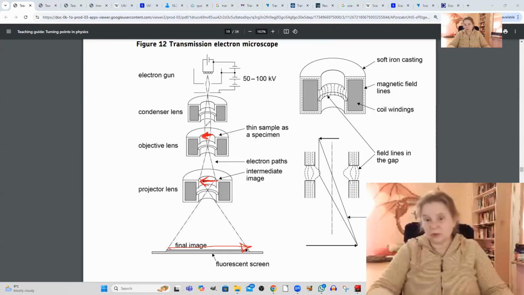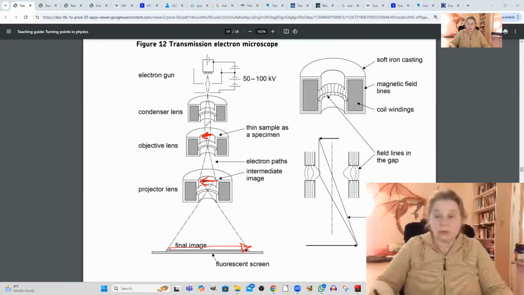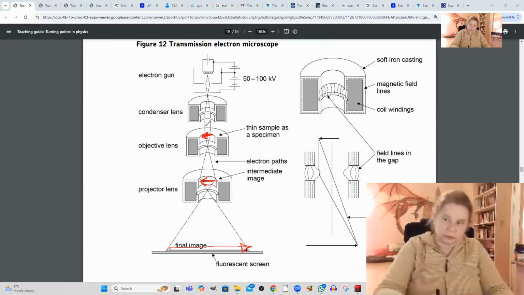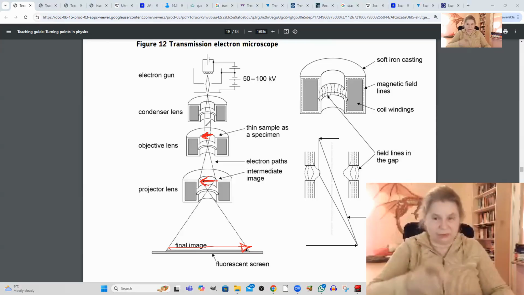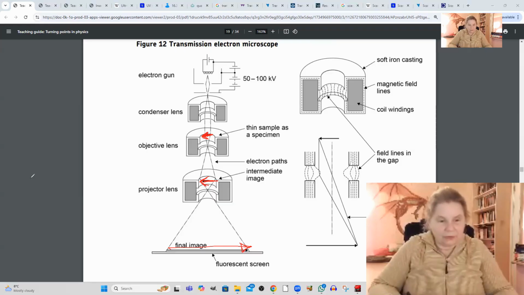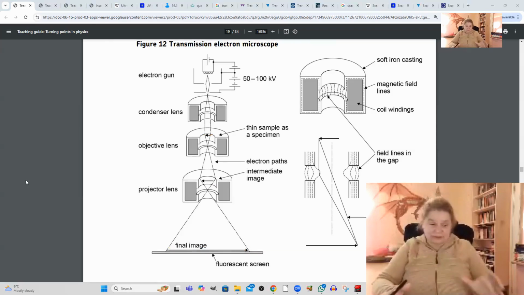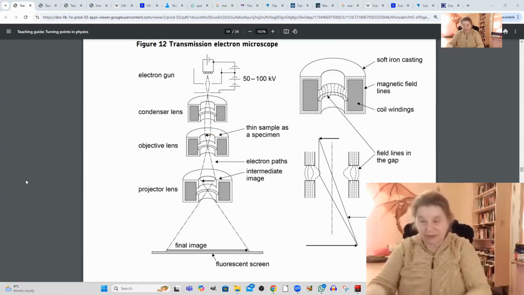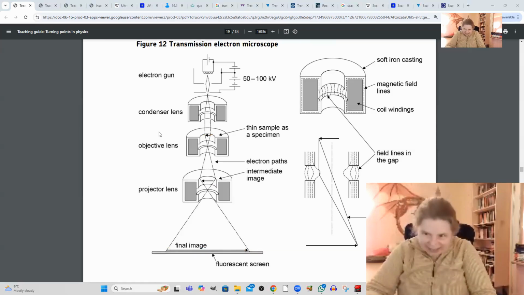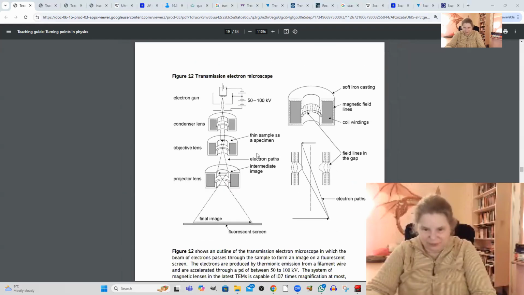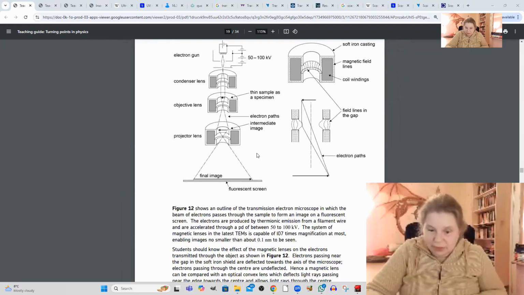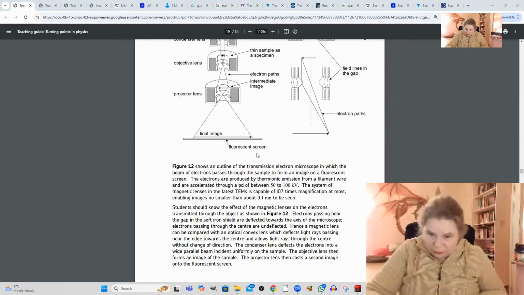Everything is computer controlled because it's just too difficult to optimize all these things on the fly with electrons going through a sample that's getting hot because electrons are going through it. But that's the basis of it. It behaves very like a light microscope, but it's electrons. So that's the outline of the electron microscope.